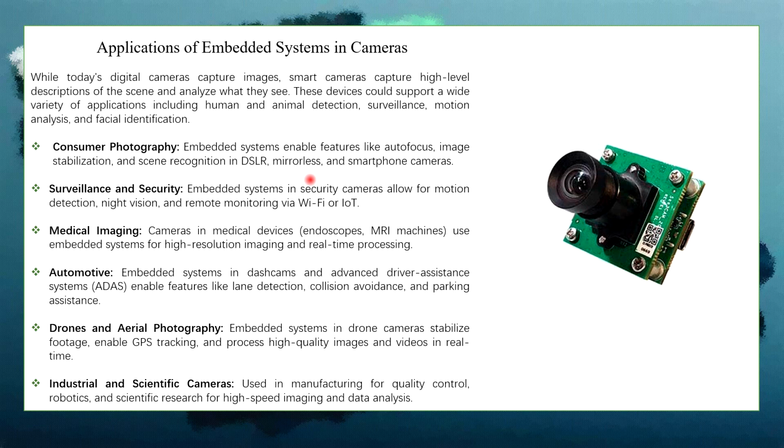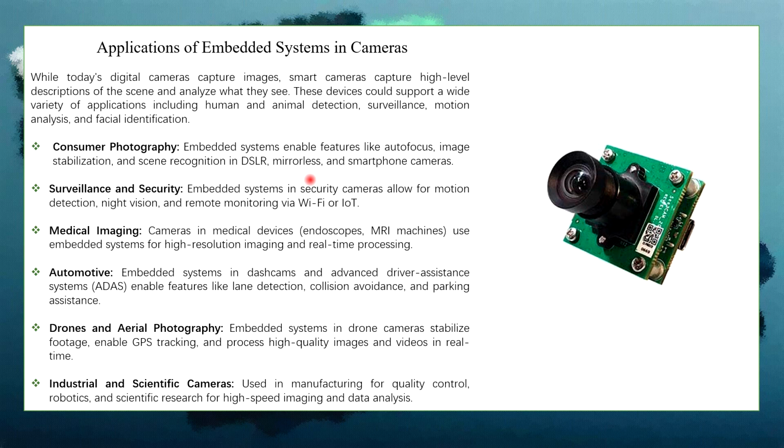Consumer photography. Embedded systems enable features like autofocus, image stabilization, and scene recognition in DSLR, mirrorless, and smartphone cameras. Surveillance and security.